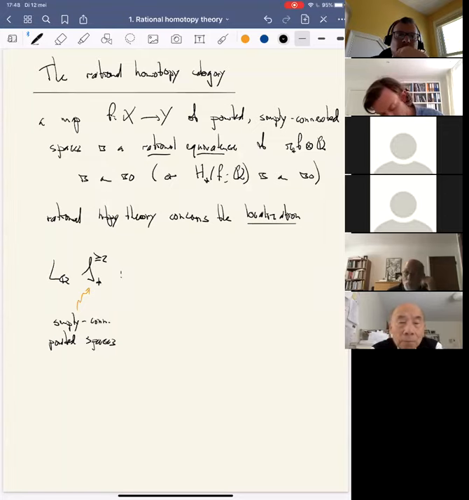What is that? Well, you could say it's whatever you get from simply connected pointed spaces by universally inverting these rational equivalences.